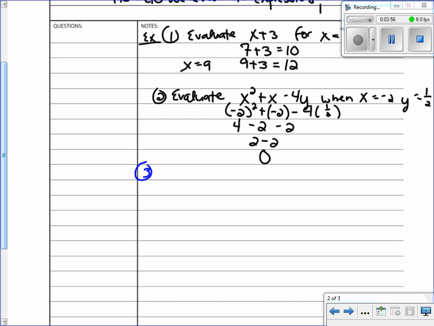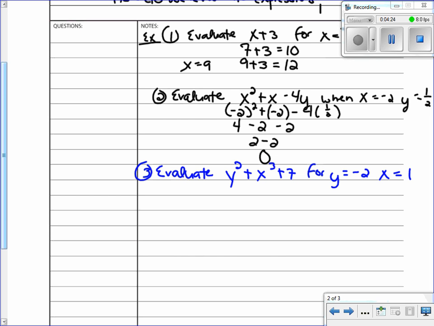Example 3. Evaluate y squared plus x cubed plus 7 for y is equal to -2 and x is equal to 1. So again, we have more than one variable, but we're just going to substitute in as they tell us.